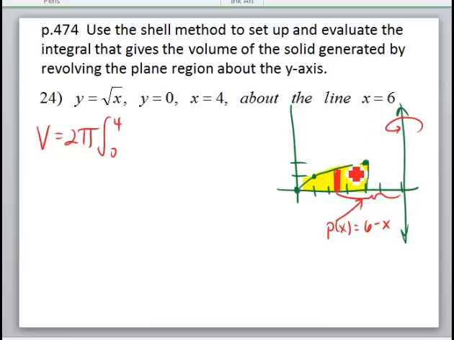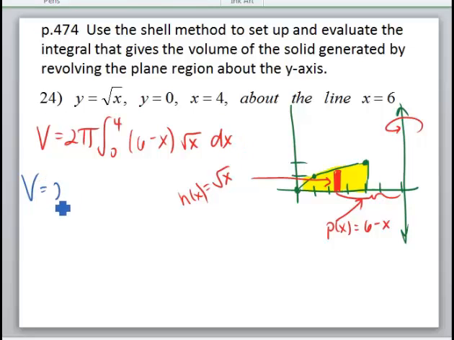And then the height of this rectangle would be this top minus the bottom, or just simply the square root of x minus 0, or the square root of x. So when I go to plug this in, I would have 6 minus x times the square root of x dx.